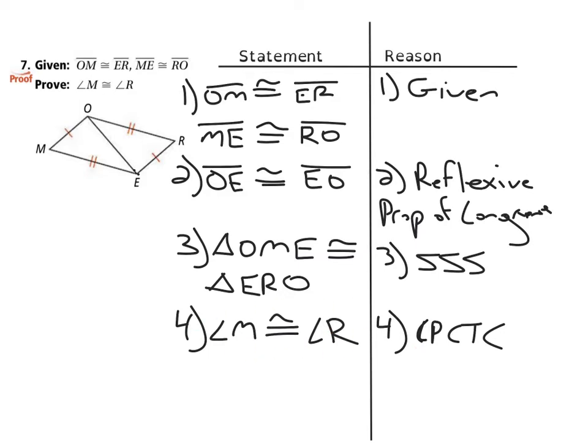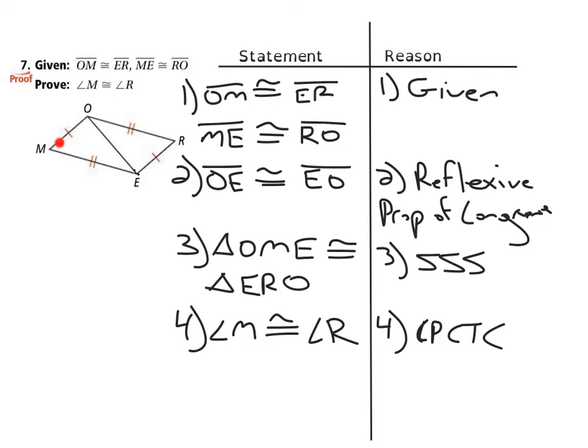I just want to say this. I think occasionally there will be someone who hears CPCTC and then hears what it stands for, corresponding parts of congruent triangles are congruent, and it sounds like a bunch of words where it's unclear exactly what those words mean. If you're just hearing a bunch of words there, stop and deconstruct it.